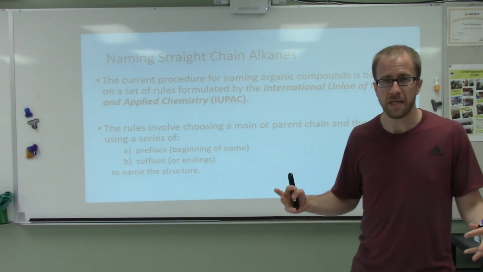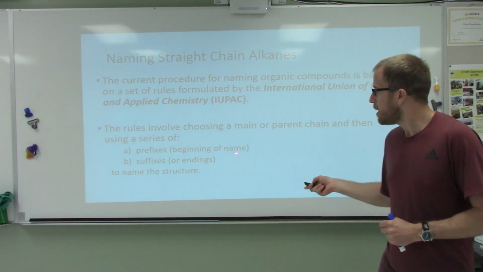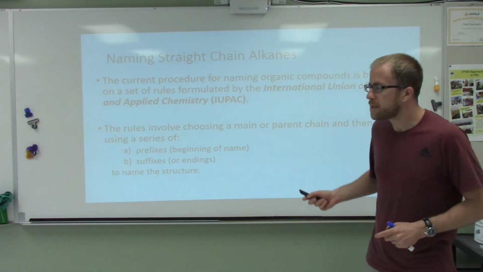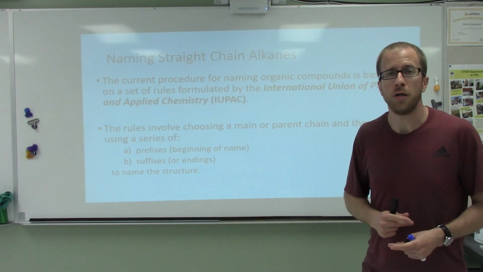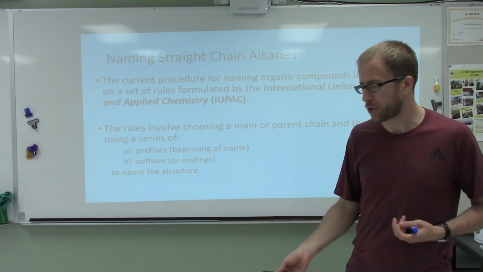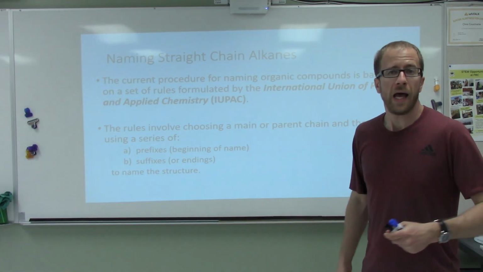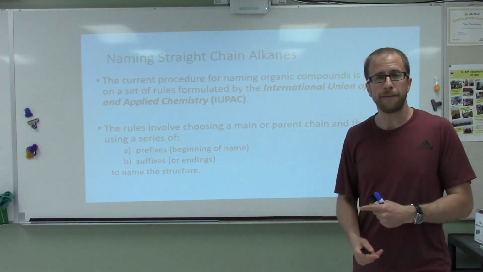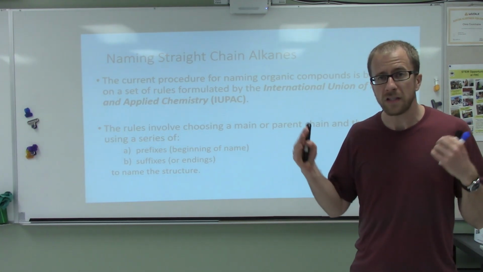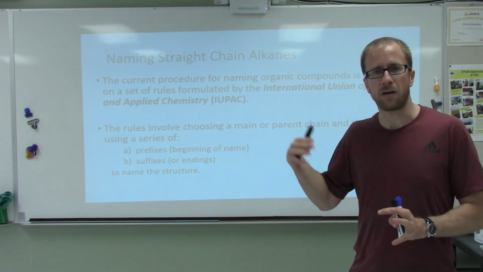Now, how do we name these? Well, the general naming rules consist of using several prefixes depending on what types of side chains you have, things of that nature. Prefixes obviously come before the name, as well as a series of suffixes. And the suffixes will tell you, is it an alkane, an alkene, an alkyne?